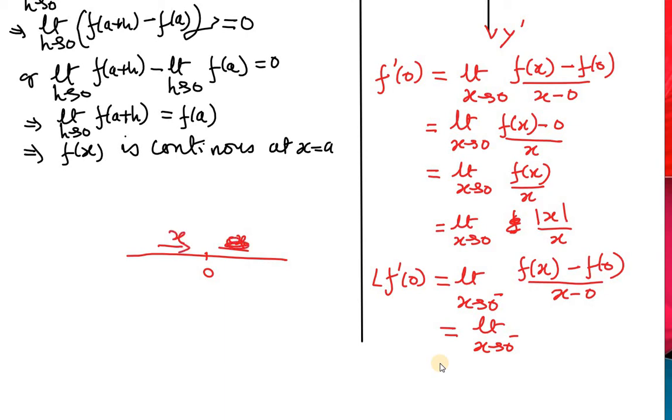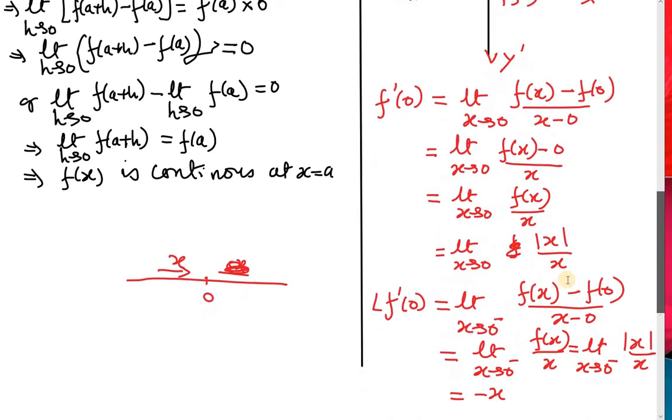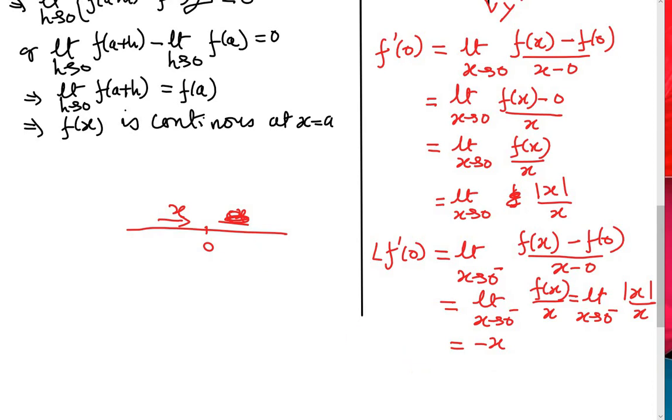So now it will be f of x by x because f of 0 is 0. And this is limit x tends to 0 minus of mod x by x. But now if x tends to 0 minus, that means x is negative. So in this case, what will be modulus of x? It has to be minus x by the definition that we have for the absolute value of x. If x is less than 0, then mod x has to be replaced by minus x. So since x approaches 0 from the left side, x is negative.